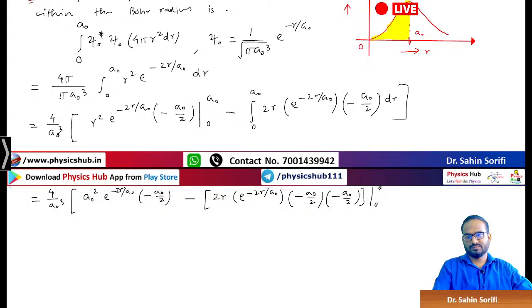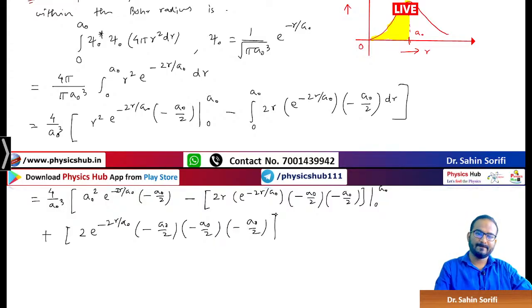So this is between 0 to a naught, minus minus plus, then derivative of r is 1. So you get e to the power minus 2r by a naught minus a naught by 2, minus a naught by 2, again integration, minus a naught by 2 will come, 0 to a naught.